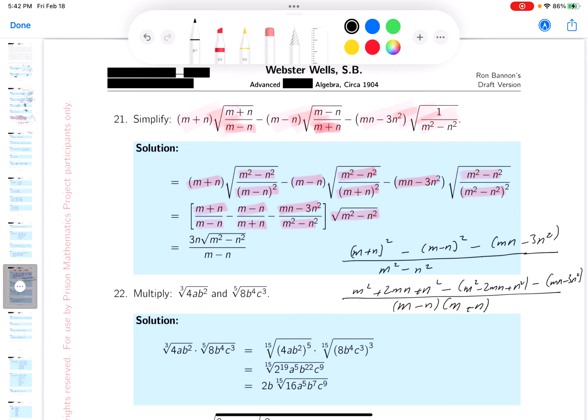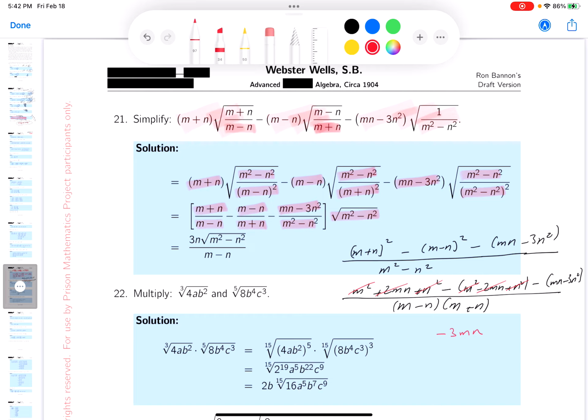All right, I got to do the top now, and I'm going to go through it one step at a time. So I notice that the m squareds disappear. And then what do you get? Well, the n squareds disappear too. That's good news. And then you get 4mn minus mn, which is minus 3mn.